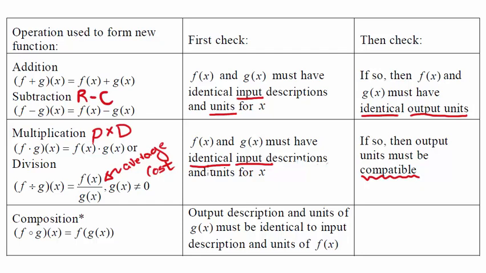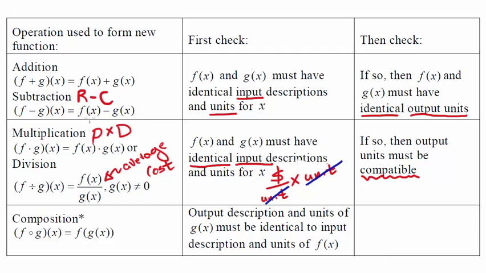For example, with price times demand, maybe my price is in dollars per unit or dollars per cheesecake. Then my demand is how many units or how many cheesecakes I sell. Hopefully you can see that the cheesecakes cancel out and we're left with dollars. That's what I mean by compatible. It means it makes sense to multiply these two.